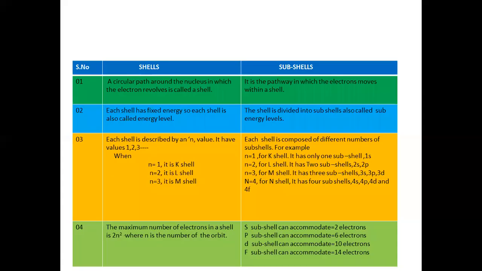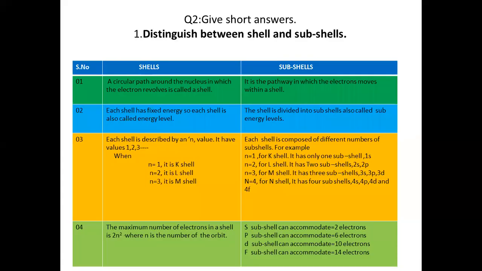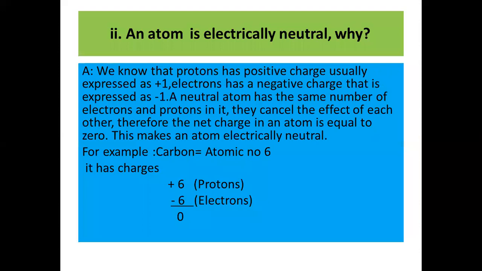Coming toward the second question. Second question is, why is an atom electrically neutral? An atom is electrically neutral means it has no charge. We know that proton has positive charge, usually expressed as +1. Electron has a negative charge, expressed as -1.